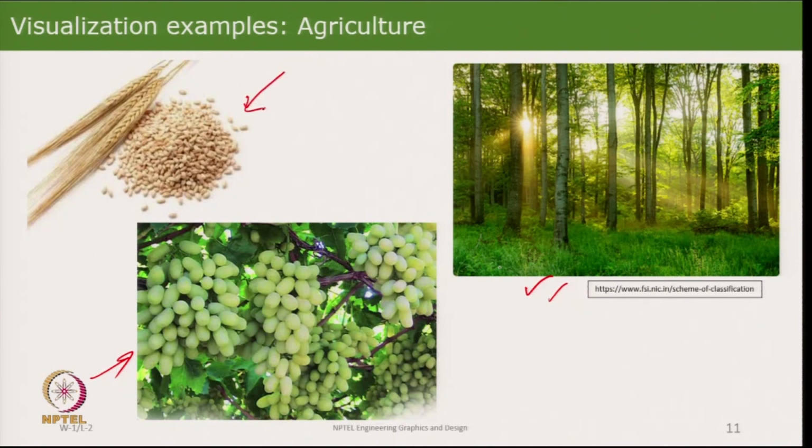The third one here, you all recognize, is grain, and that is how it grows, and finally, we pick out grains, then we make flour out of it and use it for various things.